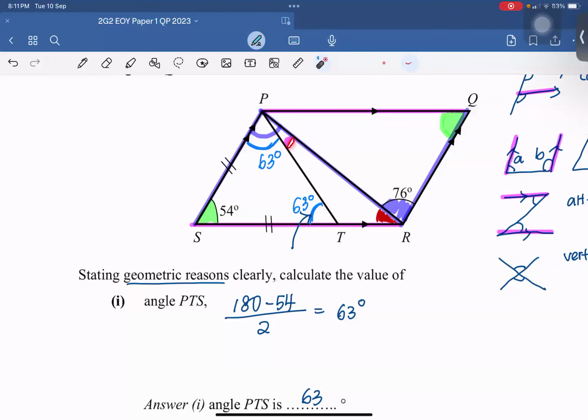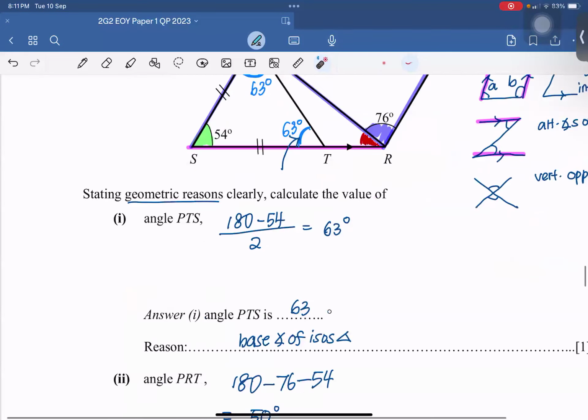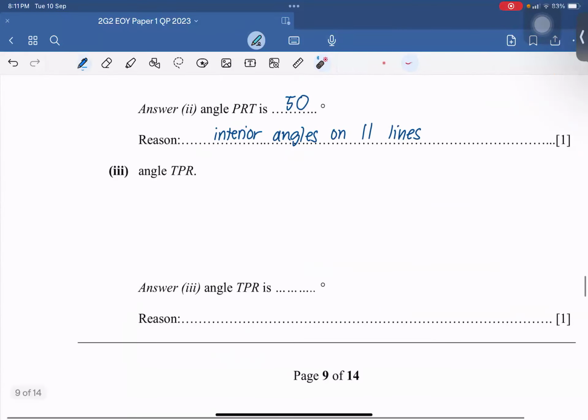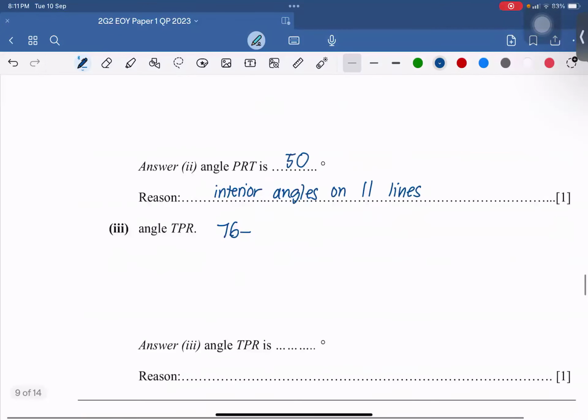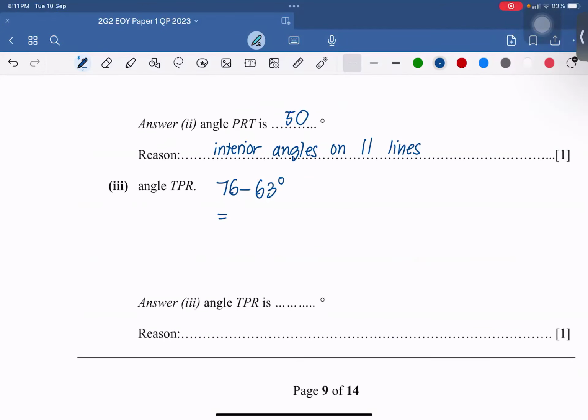So if I want to find the pink one, I take the 76 and the 63, minus away, right? So this will be angle 76 minus the number 63, and you get your answer, 13 degrees.